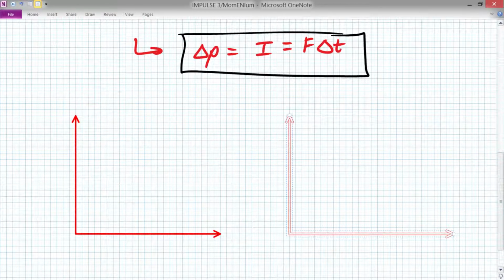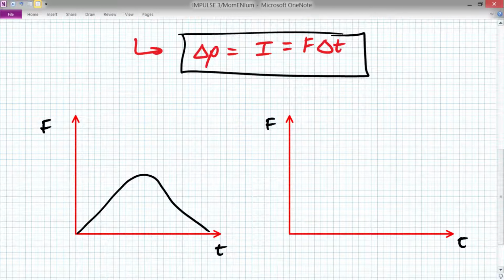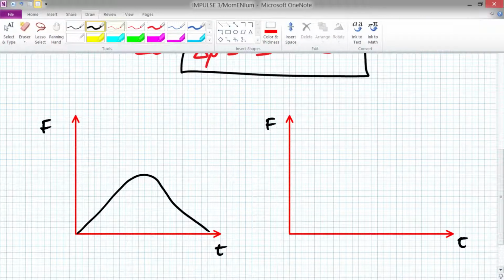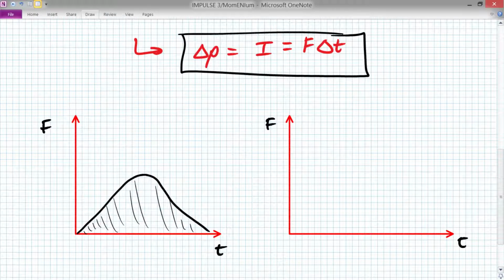We looked at collisions where we were measuring the force of these collisions against time, and if I just draw a really basic collision, something like this, so you've got some force acting over some time, we saw that this area under the curve is equal to the change in momentum, and therefore is equal to our impulse.